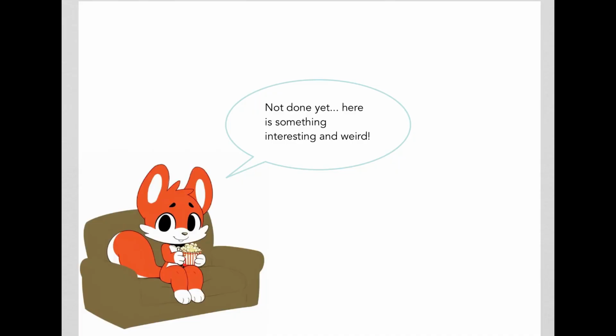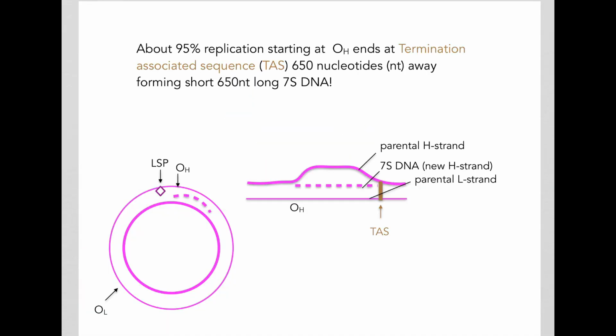Before we end, a few words about something that's very interesting that happens in the replication of mitochondrial DNA. Now, about 95% of replication events that start at OH actually don't go all the way to form a circle.